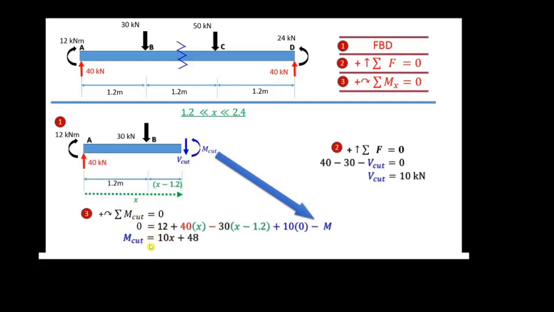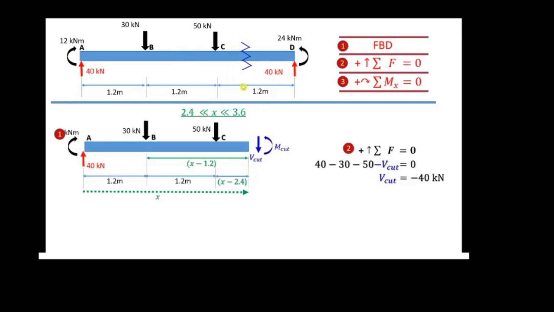Then at the end here you get a linear equation, M cut equal to 10x plus 48. Let's say the x value is 1.2, we get a moment 60 at this 1.2 at point B. If your x is equal to 2.4, you can get M equal to 72 kilonewton meter. So next we go to the other section.